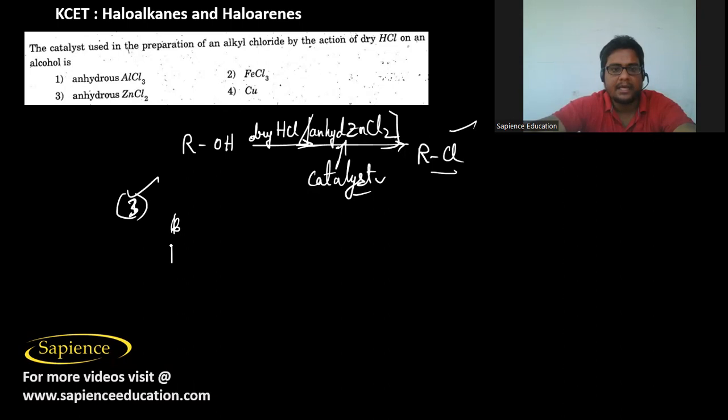And here FeCl3 and AlCl3 can't be used, since the Fe3+ ion and Al3+ ion are Lewis acids.